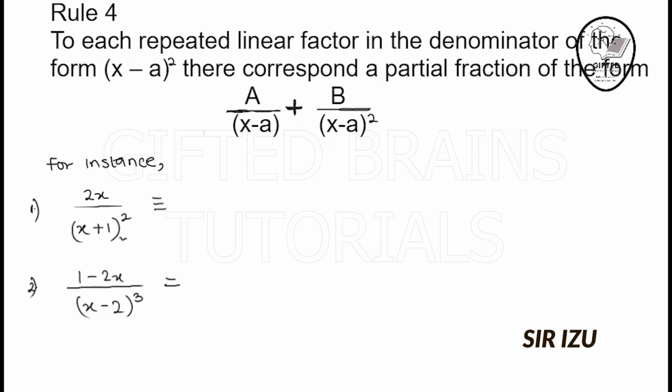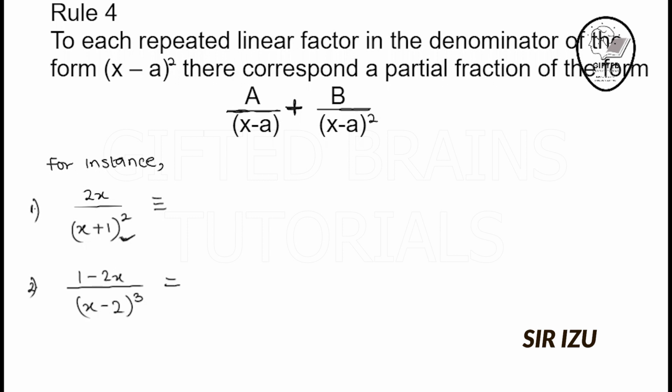Rule number 4 now. To each repeated linear factor in the denominator of the form x minus a all raised to power 2, there corresponds a partial fraction of the form A over x minus a plus B over x minus a all squared. For instance, let's say we have a fraction 2x over x plus 1 all raised to power 2. This denominator is a repeated linear factor, because it has power 2 raised to it.